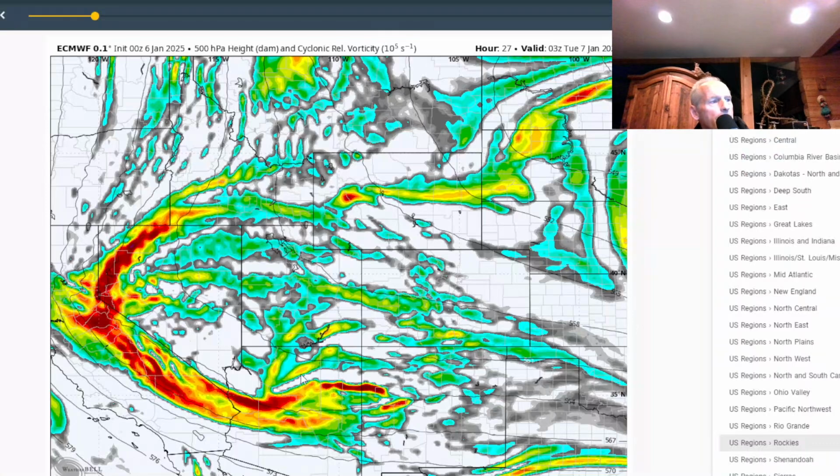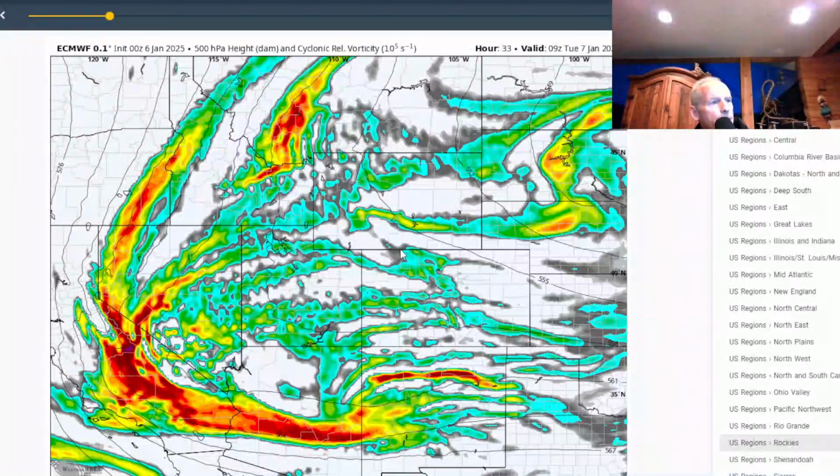Next graphic, 8 p.m. See what's happening still? The really good mid-level energy is well west and well south of us. This is not bad, though. See this energy here in Utah and Colorado? Aspen's right about here. There is some low-end moderate mid-level energy and some light blue. So it's weak to occasionally moderate energy that spreads in from Utah late day and into the evening.